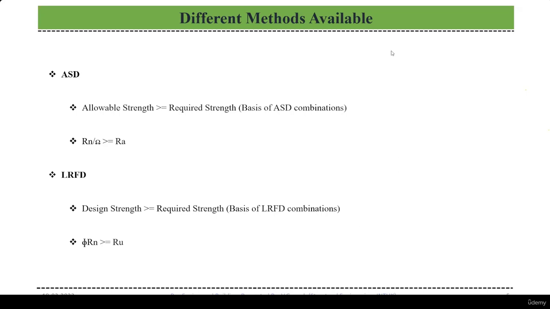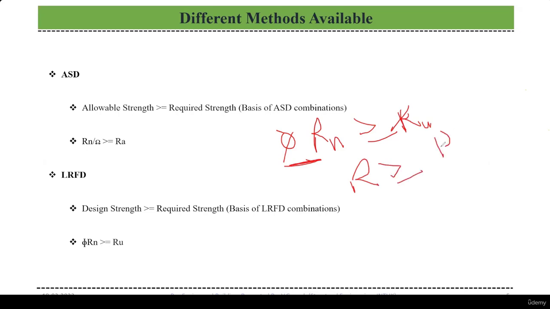For example, phi Rn must be greater than or equal to Ru, right? This is our equation. So phi is multiplying here with Rn. So if we take phi on the other side, Rn must be greater than or equal to Ru by phi, right?